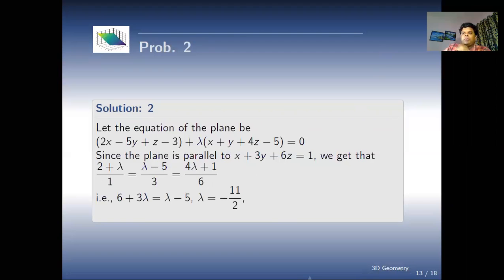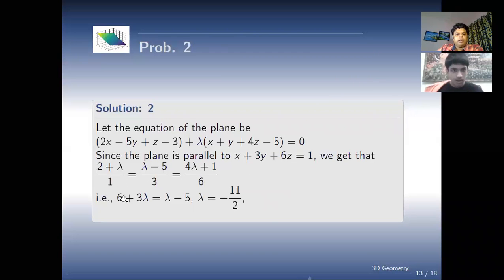If these have to be equal, Akshay, then I take 3 to this side and multiply: 3 times 2 is 6, plus 3 lambda should be equal to lambda minus 5. That means 3 lambda minus lambda, which is 2 lambda, should be equal to minus 11, which means lambda is equal to minus 11 by 2.